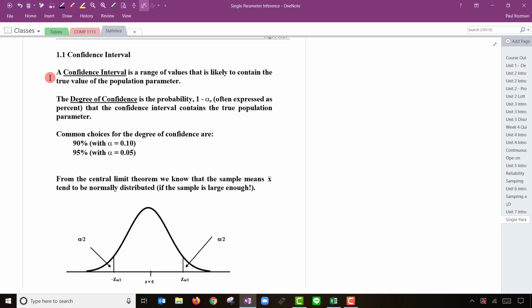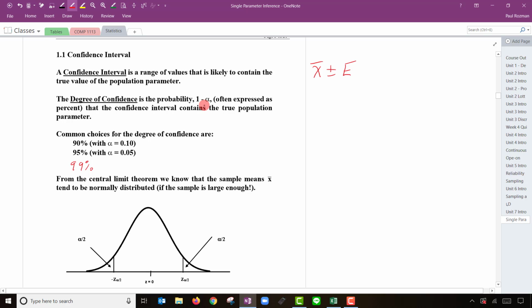So in our case, we're currently talking about the mean. We'll calculate an X bar, and then we'll put a plus or minus on the X bar. X bar plus or minus some error, and that will be our interval. Our degree of confidence is typically something like 90%, 95%, maybe 99%. We often use 1 minus alpha to denote confidence.